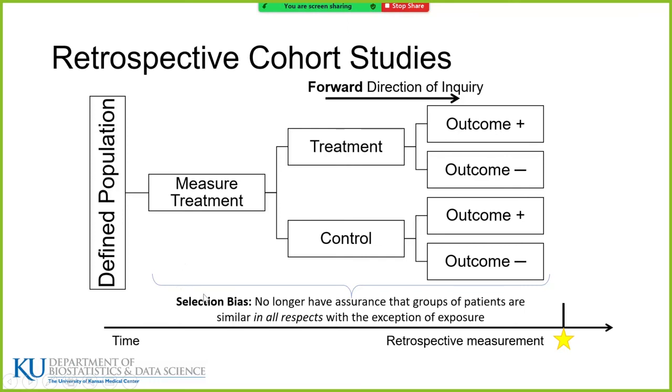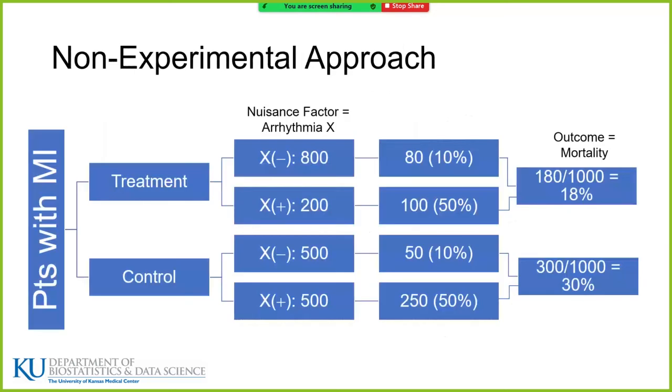So not only do we have the issue of selection bias because of a lack of randomization, but because we have retrospective measurement, we have information bias. Information bias is when the measurements, the data, is at risk of errors because we were not allowed to ensure its quality.